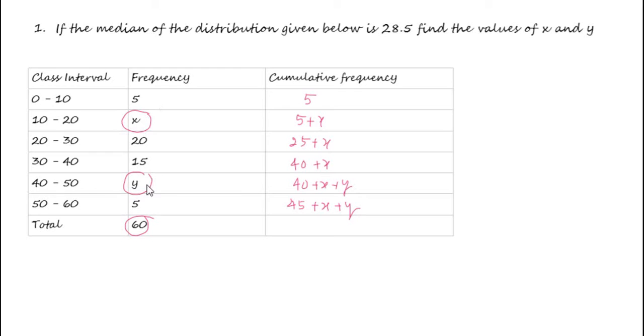Let us add this: 5 plus 15, 20, 20 plus 20, 40, 40, 45. So 45 plus x plus y equal to 60. Therefore x plus y equal to 15. We have one equation here.